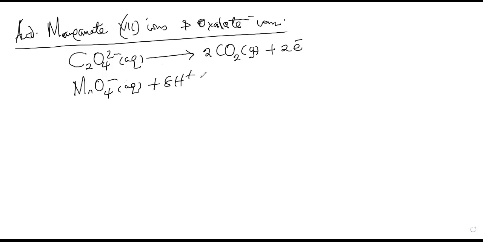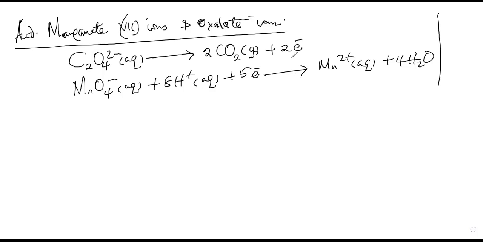You have to learn these things so that you don't always waste time balancing. Plus 5 electrons, we shall form manganese 2 plus 4 molecules of water.